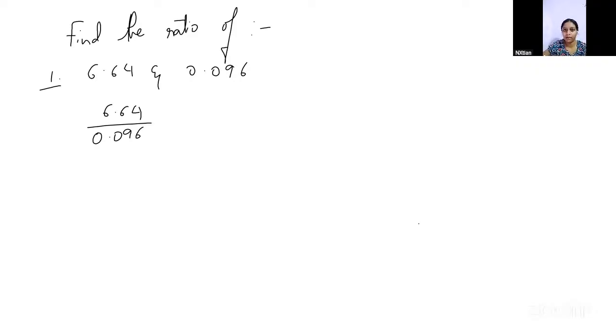You will get 69.17. So it's going to be approximately 69.17 is to 1. But then to simplify this, multiply both the numbers by 1000, so that we can eliminate the decimals.